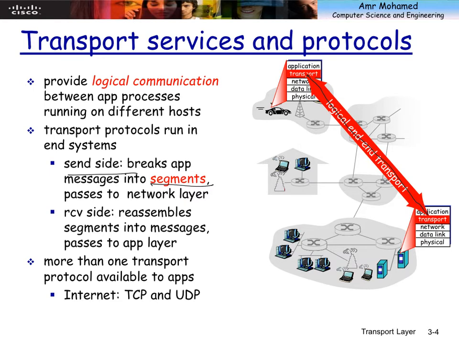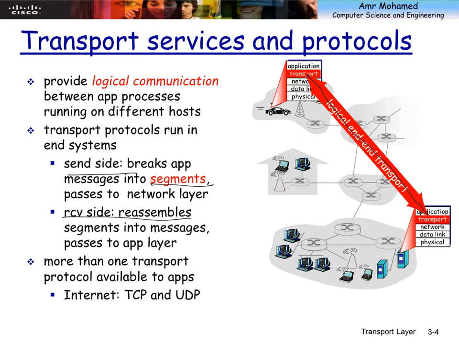So these segments will get sent across the sockets from one application endpoint to another application endpoint. These segments will be reassembled at the receiver side by the transport layer protocol first, and then sent to the application layer, whether this is an HTTP application or Telnet application or FTP application and so on.